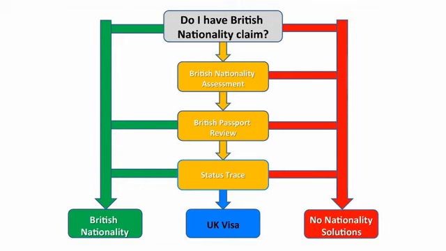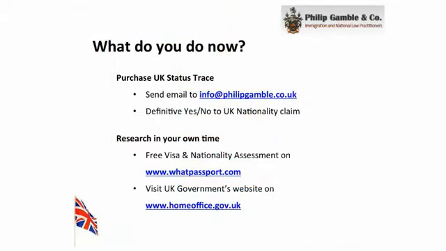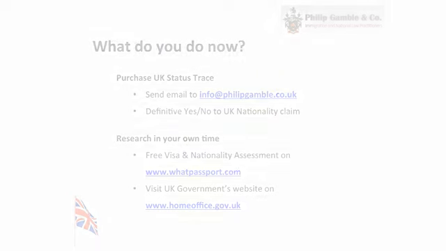We then suggest that you undertake the British Passport Review, and this will either kick you out into that red column, confirm that you have a UK nationality claim, or again indicate that you have a possible claim and further research has to be done. If you find yourself in that situation where you still don't have a definitive answer, we offer our UK status trace, where you will be given a final answer for you and your family members as to your valid claim.